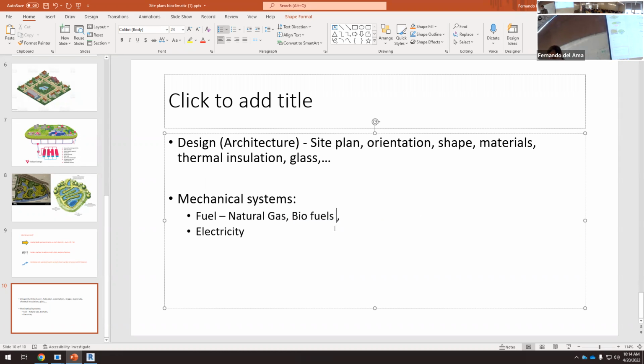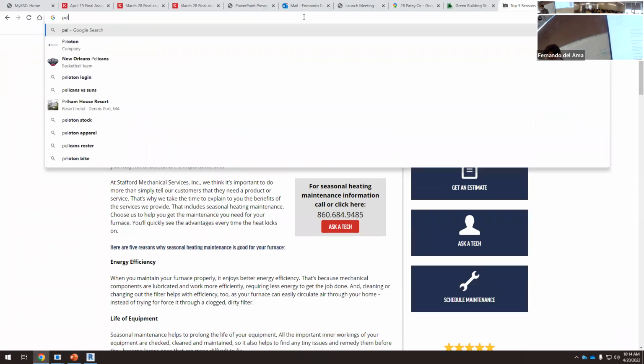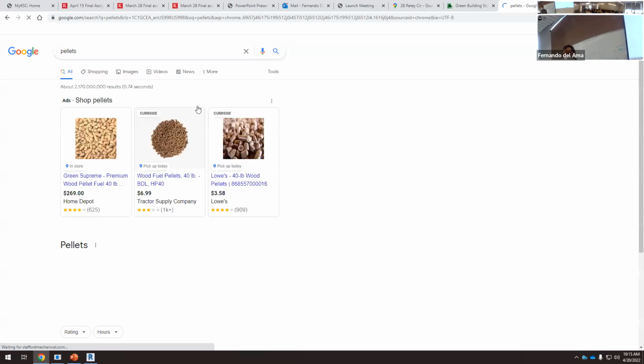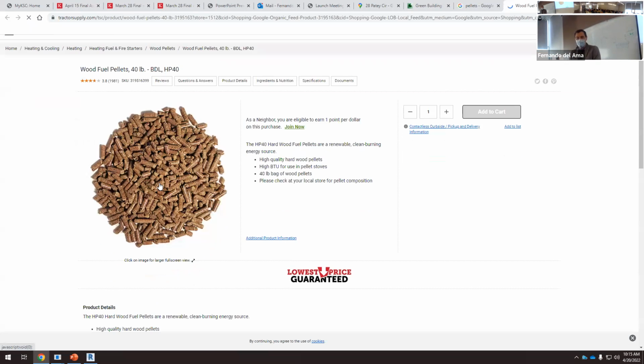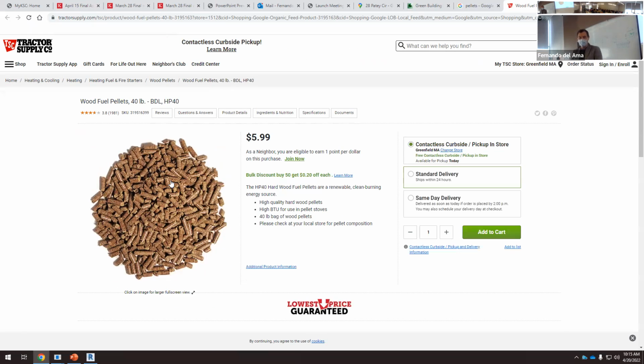A biofuel are the pellets. So this is biofuel. I'm sure that you're familiar with pellets. Basically, this is wood. It's treated to increase its energy release potential.